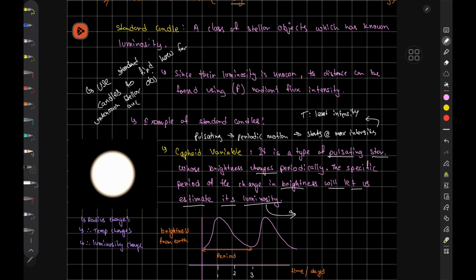So now look, what we're trying to do is use standard candles to find how far unknown stellar objects are, or how bright they are, or how hot they are. There are multiple pieces of information we can figure out.